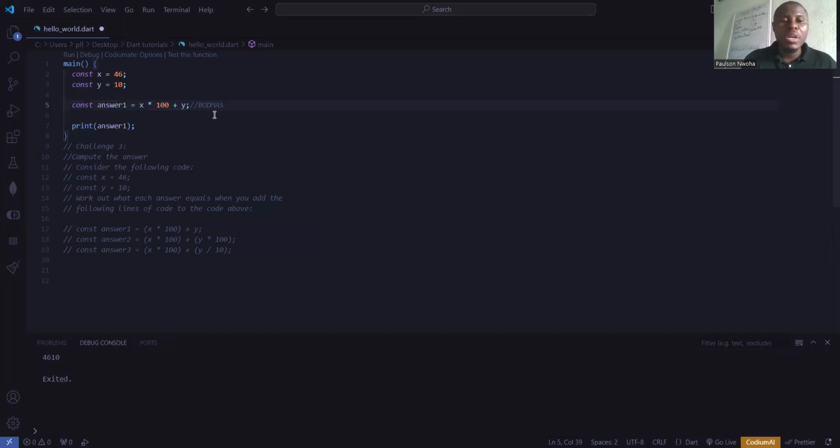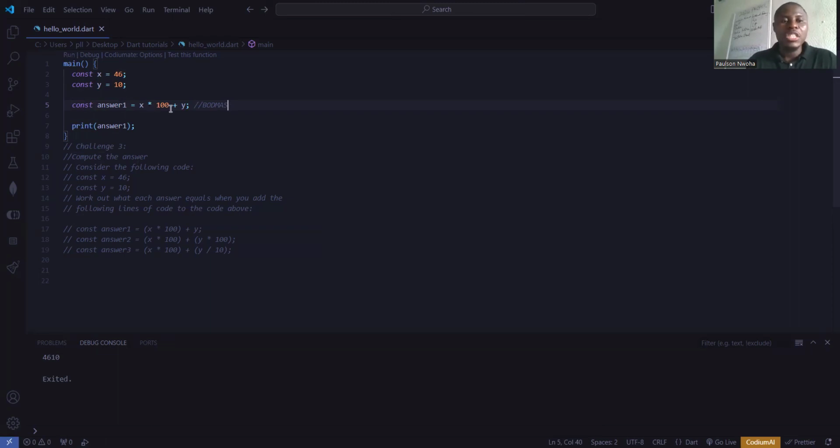So if we run this code, we are still going to get s times 100, because multiplication will come first, plus y. If I run this code, we'll still get the same result, because the multiplication comes first, then we take the result and add it to y.